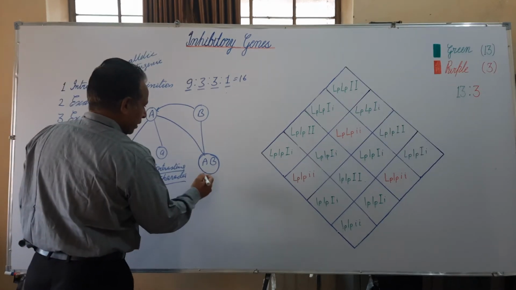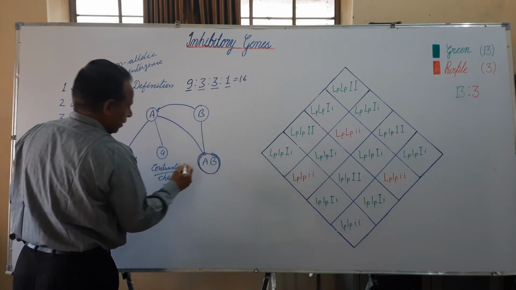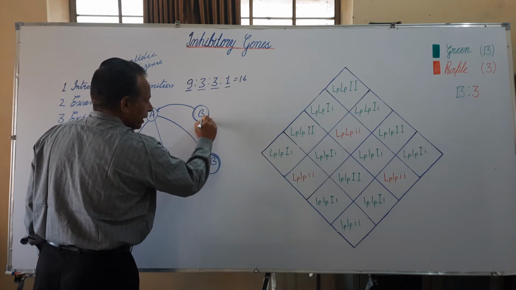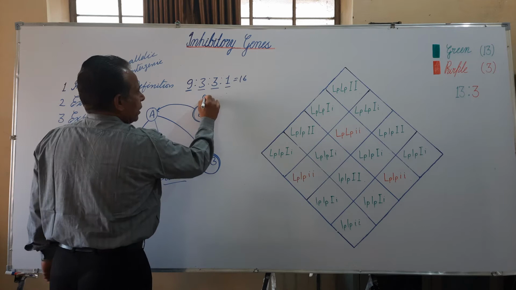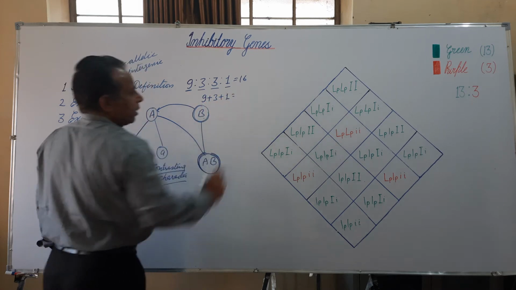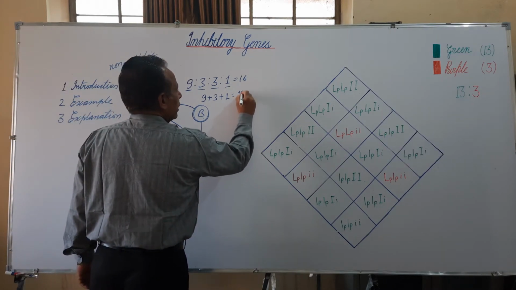So here we have in presence of AB or in presence of only B or in the recessive condition, means in 9 plus 3 plus 1 have the same type of the phenotypic effect, that is 13.